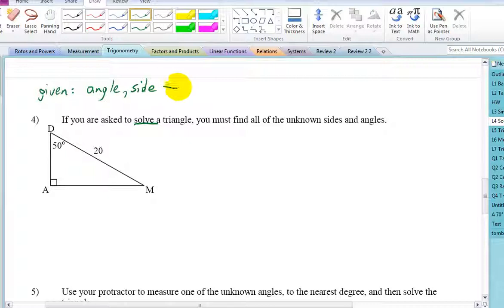So what we want to do is use the ratios to find the sides, and we want to use the 180 degree minus rule to find the other angle. So let's start by finding the unknown sides.